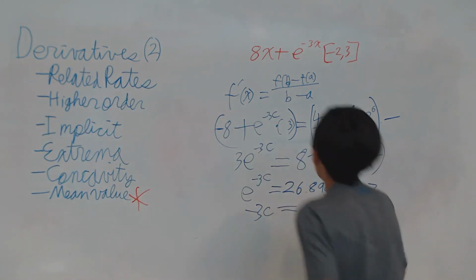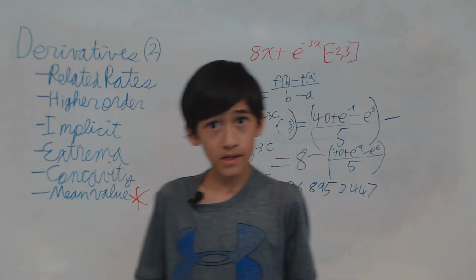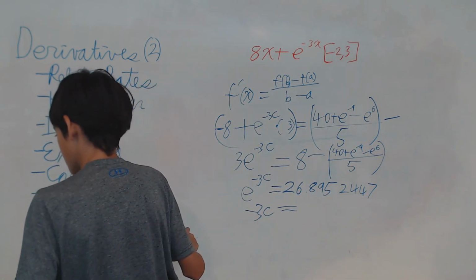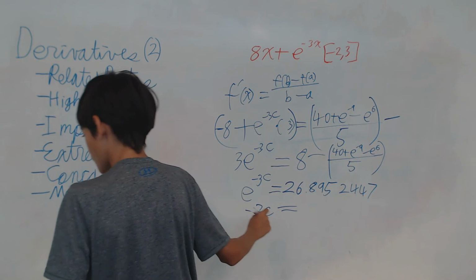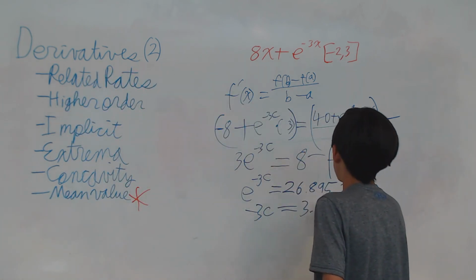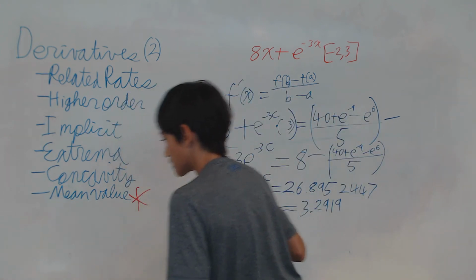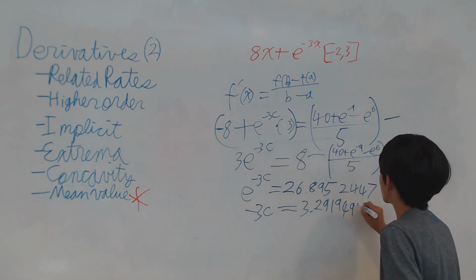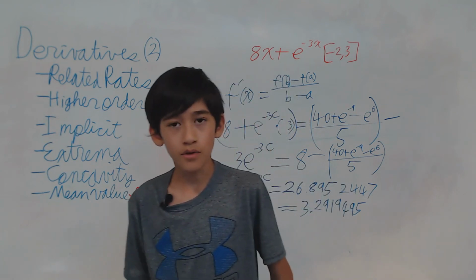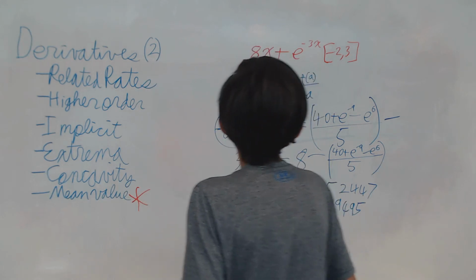The natural logarithm of this number, 26.8952447, is, let's see here, 3.2919, and for some more decimal places, 495. Alright, now we divide both sides by negative 3, or move the negative 3 over, whichever you're used to, and we will get c.